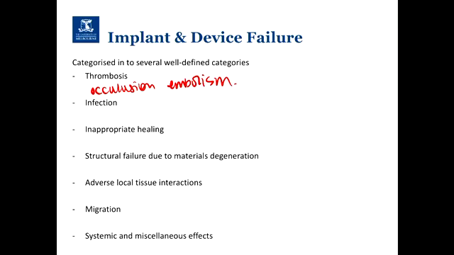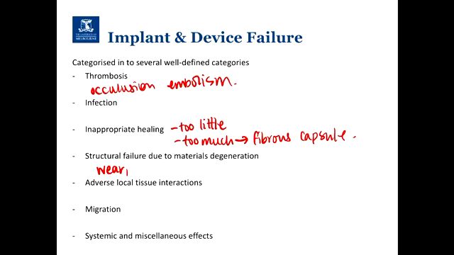Infection, so if bacteria has come in, that causes the device to fail. Inappropriate healing, so you could have too little, so it doesn't heal properly. You could have too much, and that's where you get your fibrous capsule. You could have structural failure, so that could be because of wear, a fracture or fatigue.